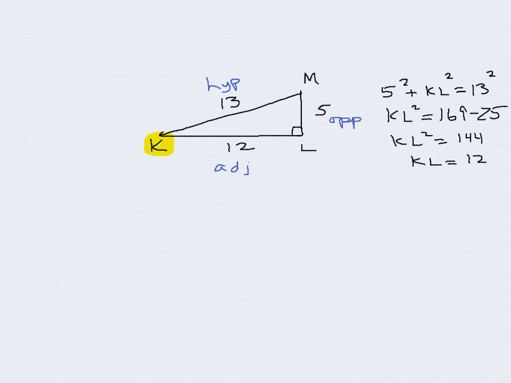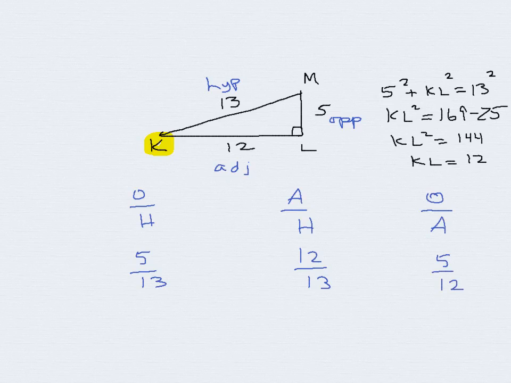Now with respect to angle K, we're going to write the opposite divided by the hypotenuse, which would be 5 divided by 13. The adjacent divided by the hypotenuse would be 12 divided by 13. And the opposite divided by the adjacent would equal 5 divided by 12.